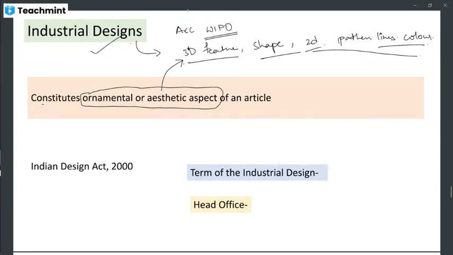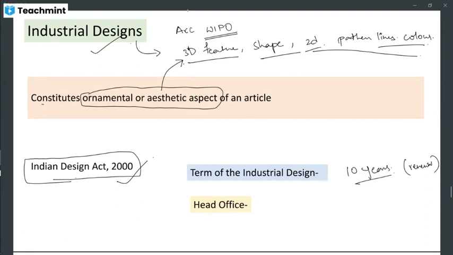In India, we follow the Indian Design Act 2000, which came into force in the year 2000. What will be the term of the industrial design in India according to this act? It will be 10 years, and it is also renewable. Industrial designs are renewable, valid for a period of 10 years. The head office is located at New Delhi.